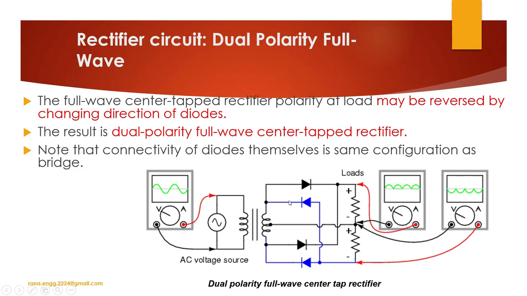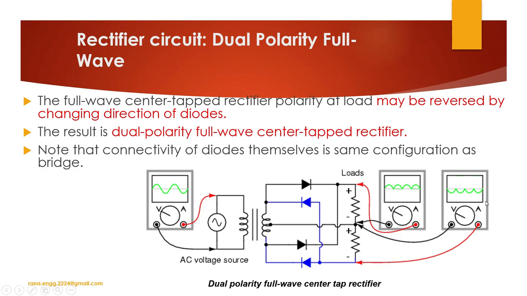Now you can see that here we have partitions and diodes are connected in opposite directions. This top diode is going towards the right, the bottom one is going towards the left. Similar assembly is shown here. For the upper half part, it is connected to this meter. You can see the output waveforms are towards the positive, but at the bottom side the polarity reverses to the negative side.